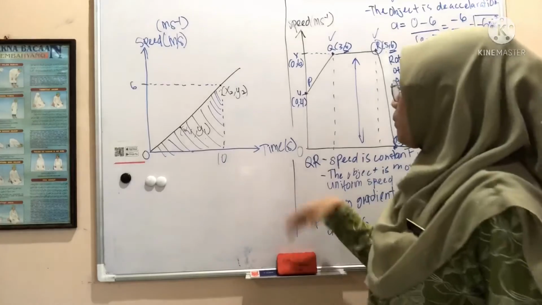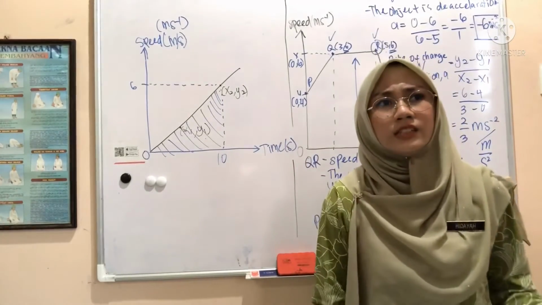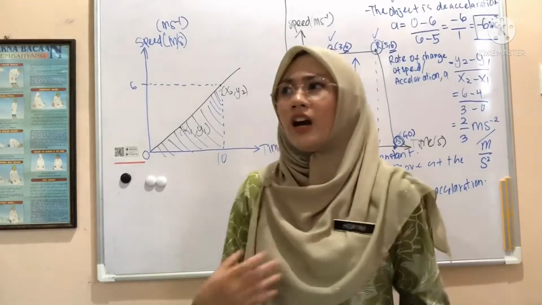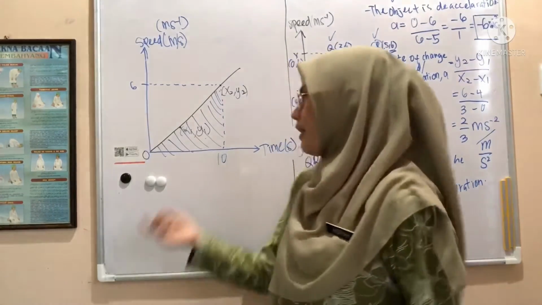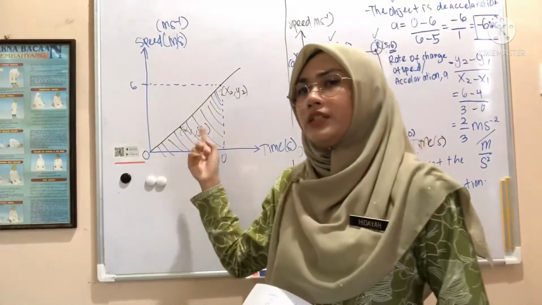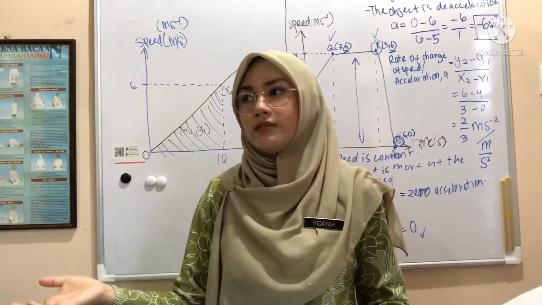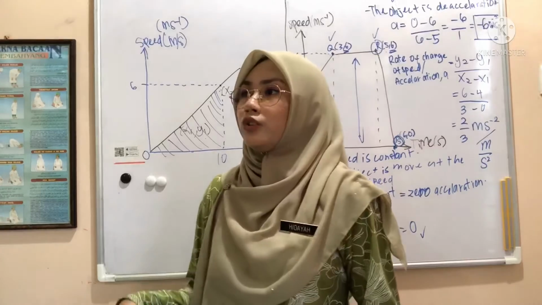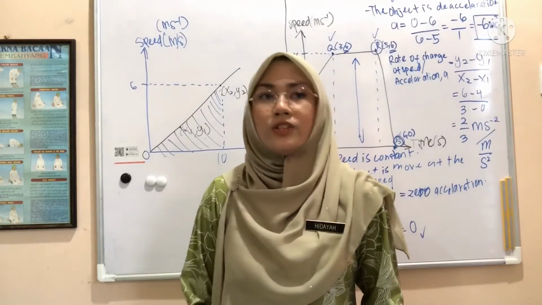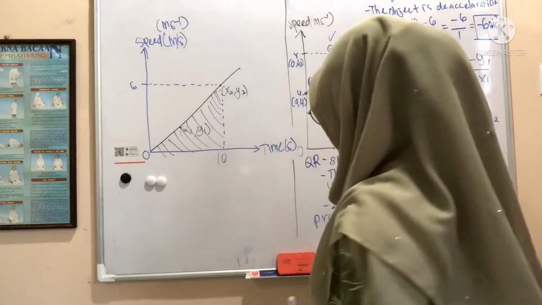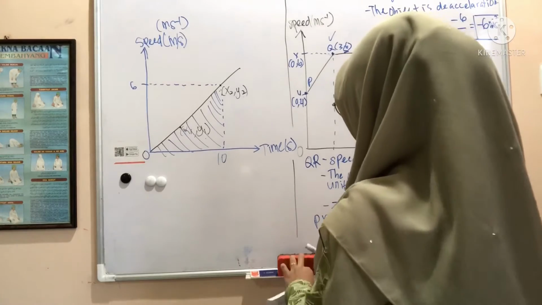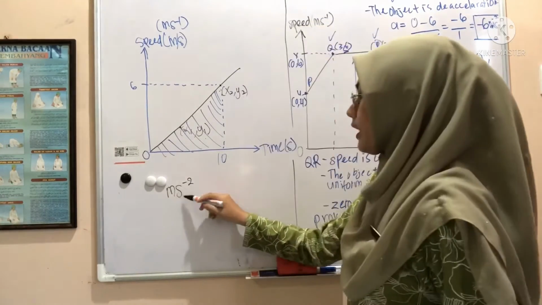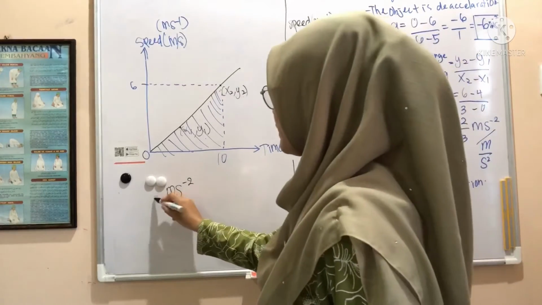Okay. How the gradient or the slope is the acceleration, and how the area under the graph is the distance traveled? Okay, we can see that through the units that we use. For example, I will show you the acceleration first. The unit is meter per second squared. It is the same meaning.